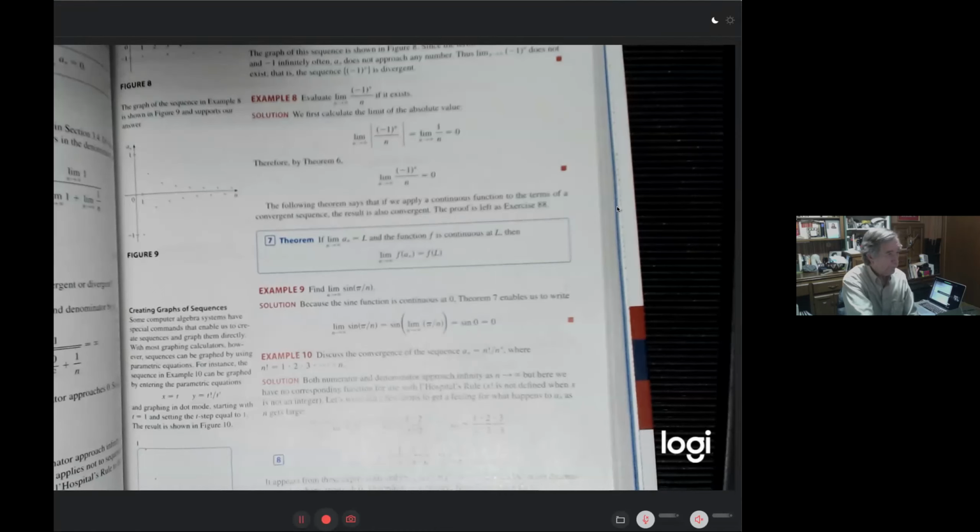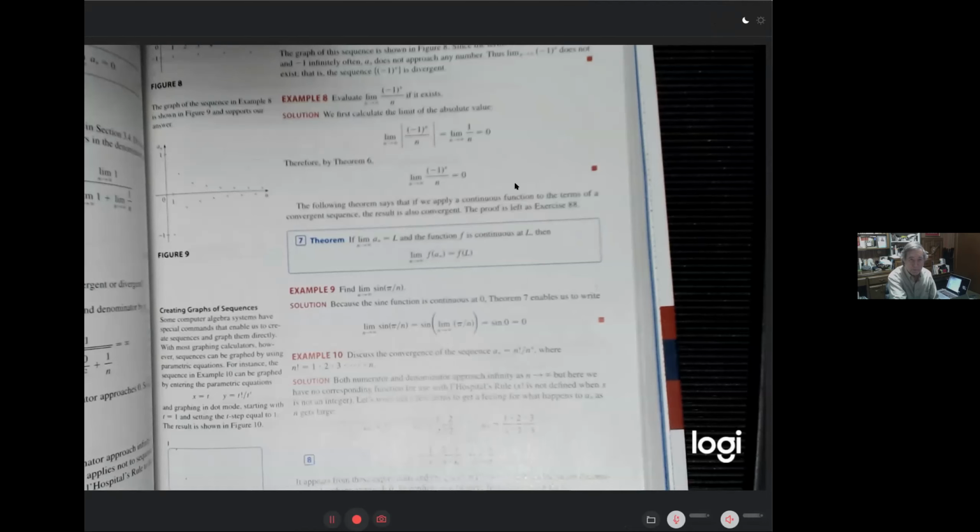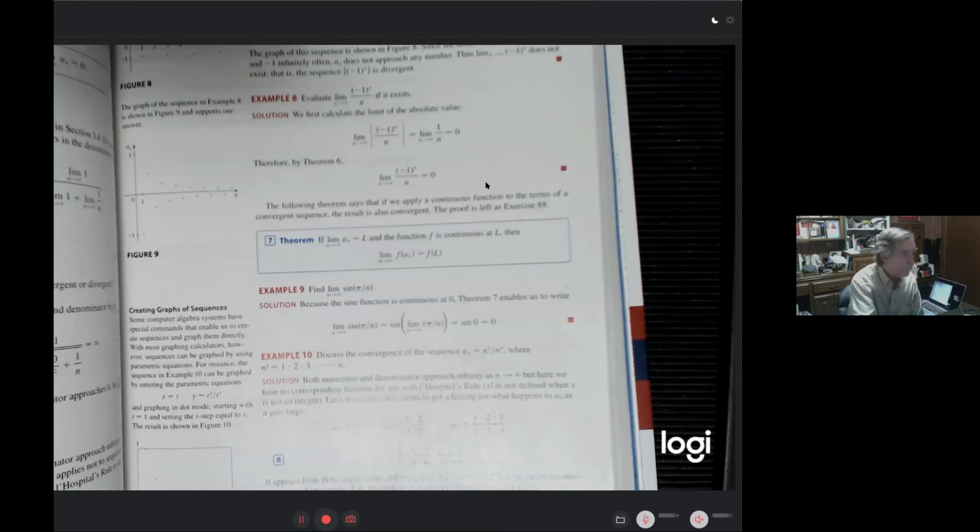What you should see on your screen now, I hope, is examples 8, 9, and 10. And so I get the right cursor here. This one, whenever you see a -1 to the n, that's the way we say every other one is minus.